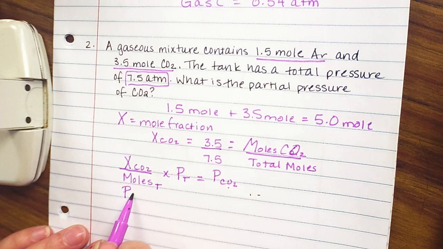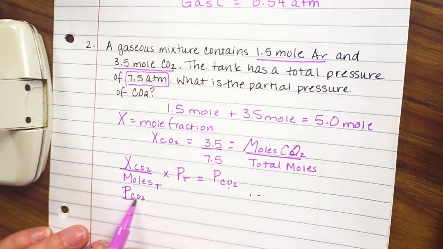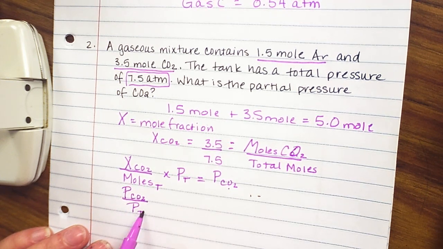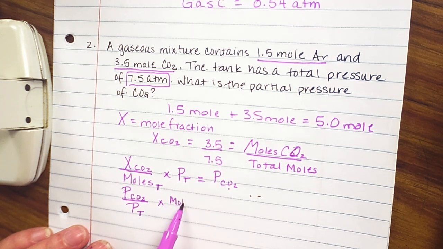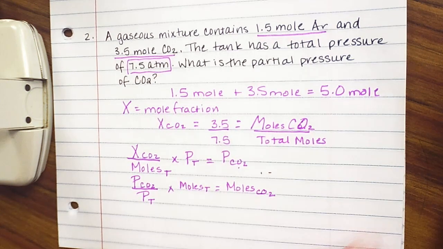I can say the pressure of the CO2 over the total pressure times the total moles is going to give me the moles of CO2. So the mole fraction or the pressure fraction times the total moles or the total pressure is going to give me the moles of the CO2 or the pressure of CO2.